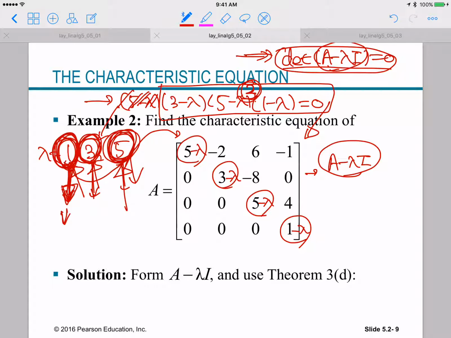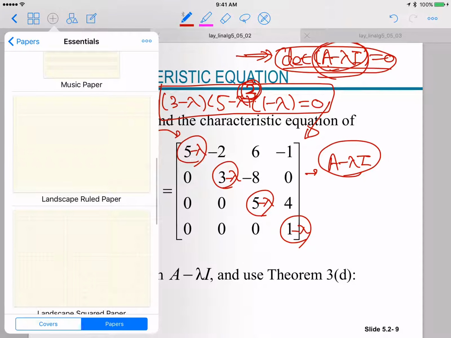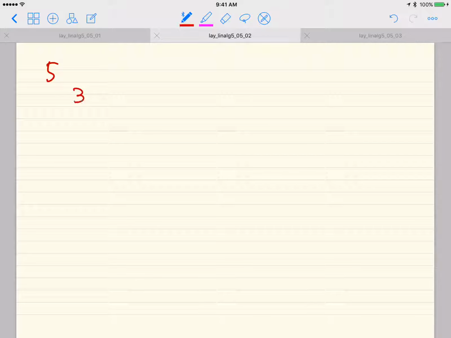And also we discussed the eigenspace, or the dimension of the null space of your A minus lambda I. Okay, so I'm just copying our matrix, and I'll just put some random number.